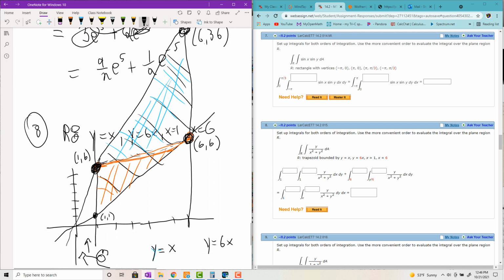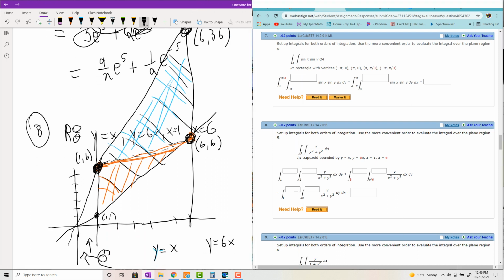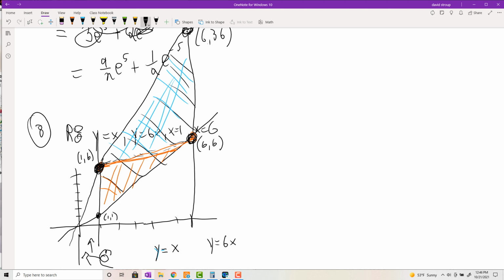Okay. Right. So I need to set up those crazy integrals in the weird orientation. So for the first region, I'm going from the curve x equals something to x equals something, right? So x equals 1 to x equals whatever this curve is. So it's going from this curve to this curve. So it's x equals 1 to x equals y, sorry.